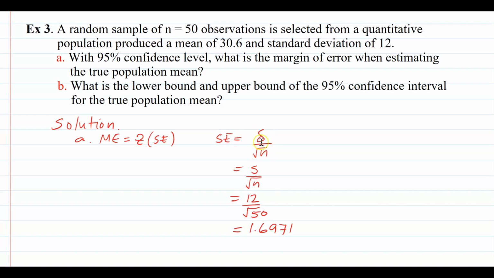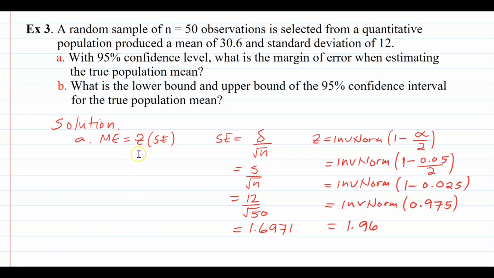But because we don't have the standard deviation of the population, our best estimate is the sample standard deviation S, and this is the value that is given in this problem. S is equal to 12. So our standard error is 12 over the square root of 50, and this gives us 1.6971.